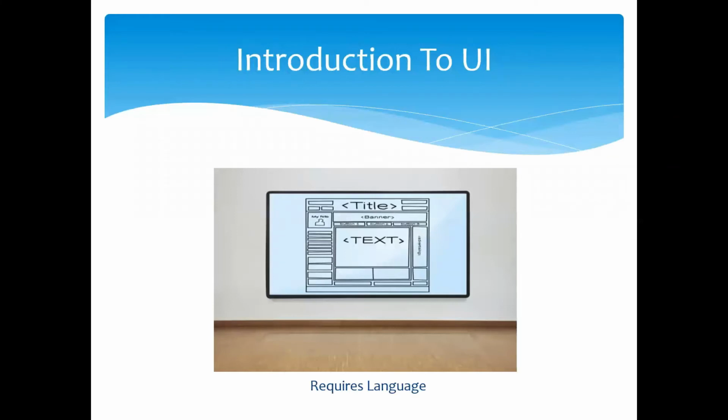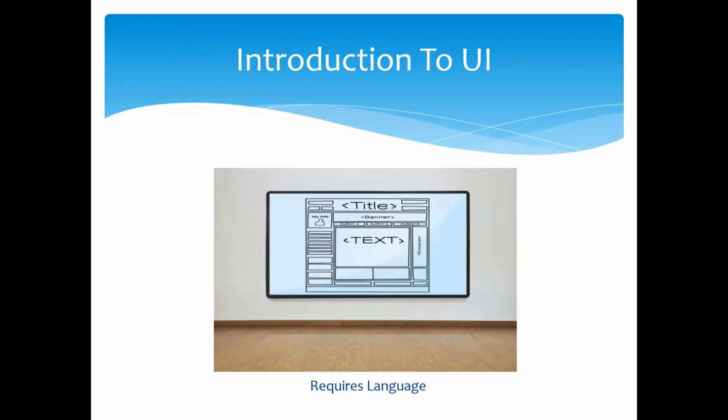By default, the question will arise: why do we want to learn UI, and why did UI come into the picture? Let me give you a demo to explain why UI was introduced in the market. Two people communicate with one another through our language.